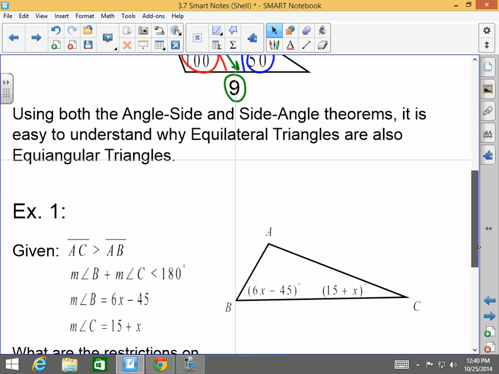But before we do, I did want to mention that using both the angle side and side angle theorems, it is easy to understand why equilateral triangles are also equiangular triangles. Okay?